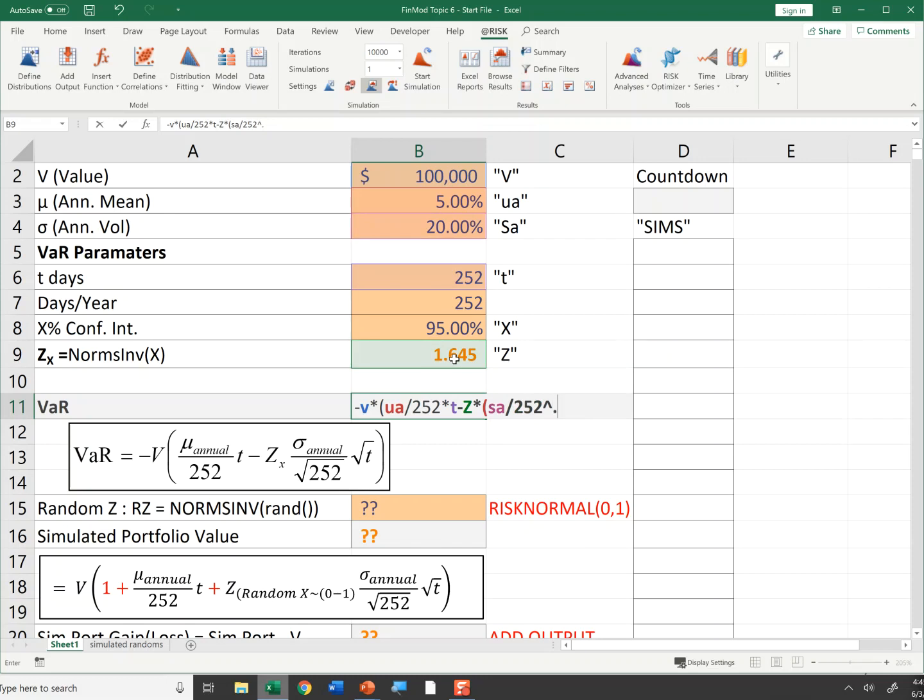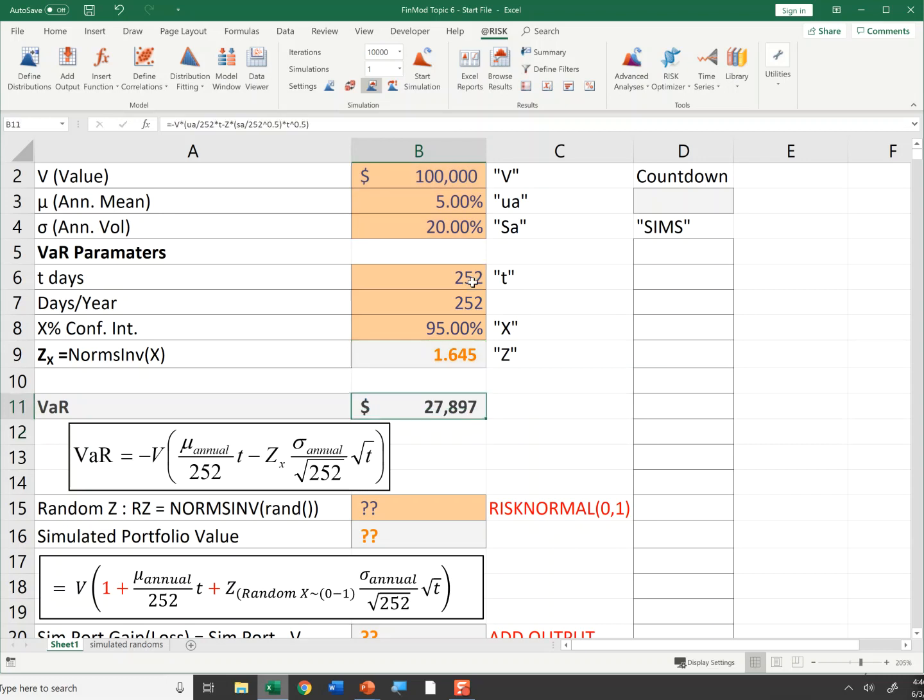So I'll take 252 to the 1/2 power. That is right here, the daily standard deviation. I'll then multiply that number times the square root of t to turn that into the term of the VaR.